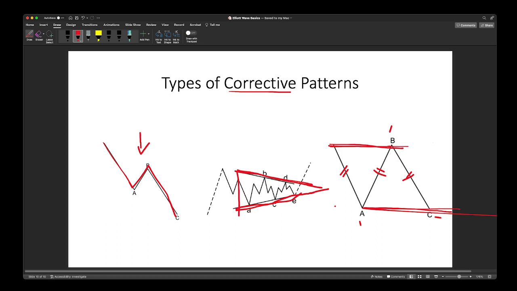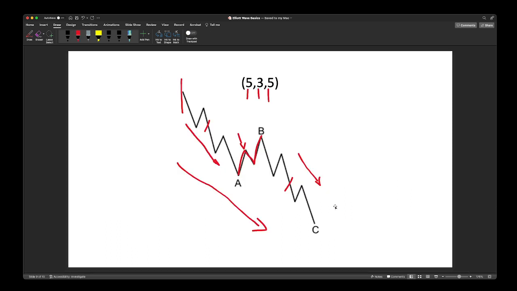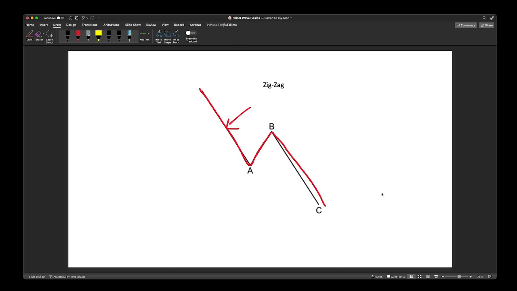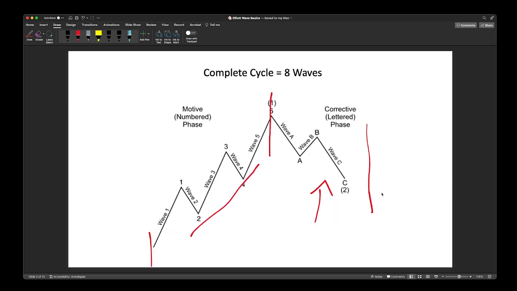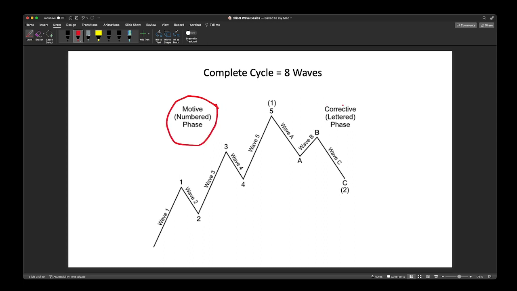So let's recap a little bit before we continue going. In the section of a full complete cycle, we have 2 core types of waves, which is your motive phase and your corrective phase. In your motive phase, which is here, 1 through 5, depending on which degree you're looking at, is just 1.